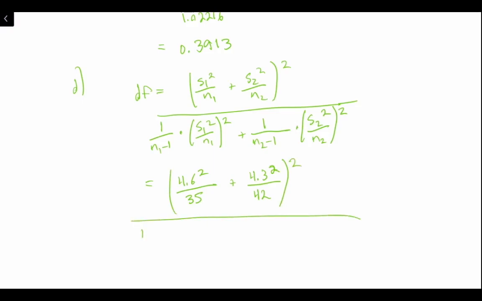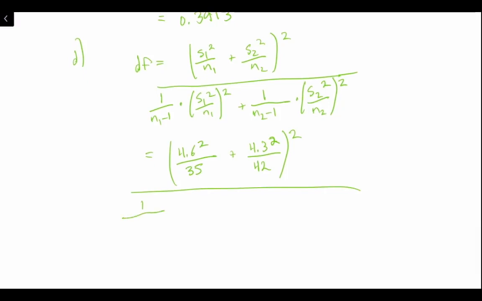Divided by 1 over 35 minus 1, times 4.6 squared divided by 35, all squared, plus 1 over 42 minus 1, times 4.3 squared divided by 42, all squared.